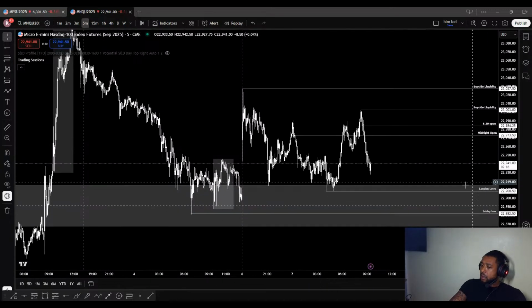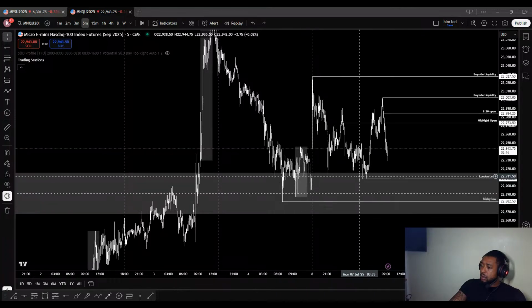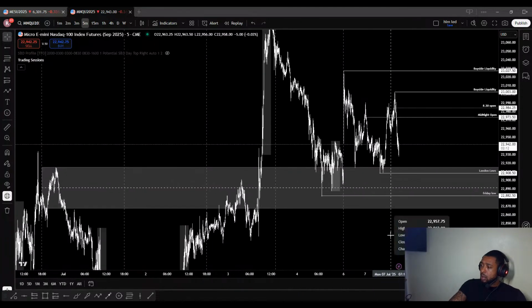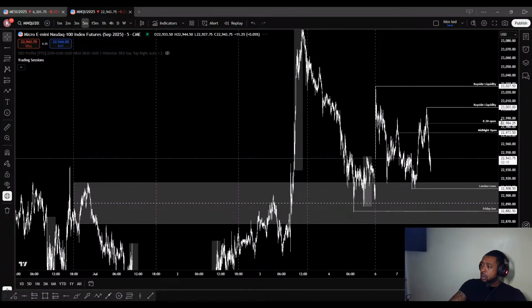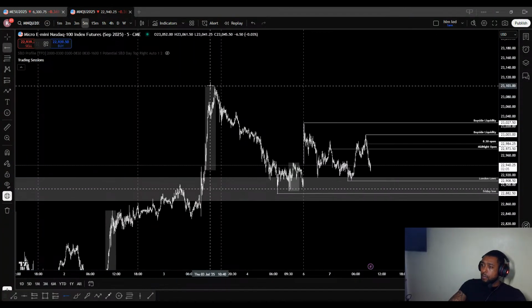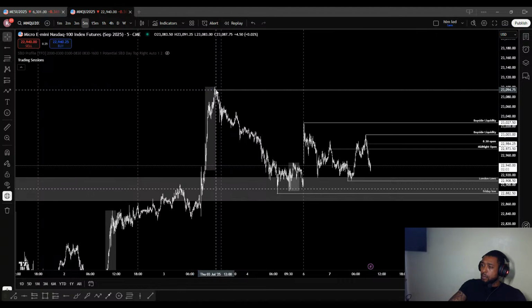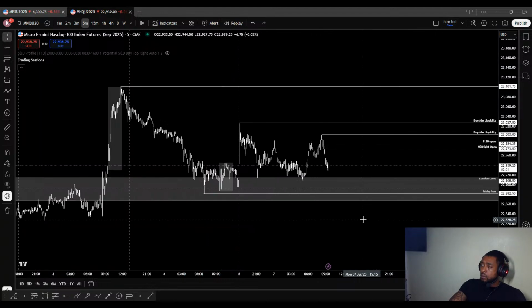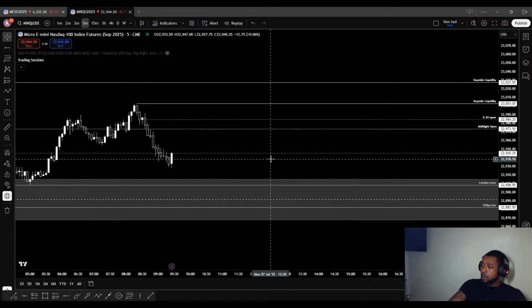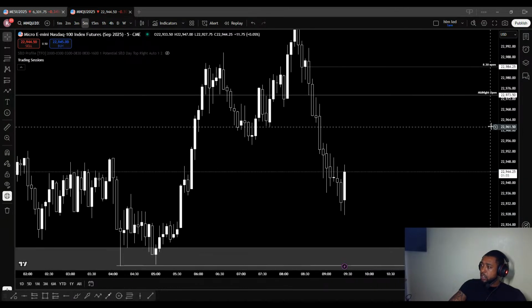So on the 5 minute, you see how we got these relative lows right here on the 5 minute. Looks like we're getting a retracement right here.